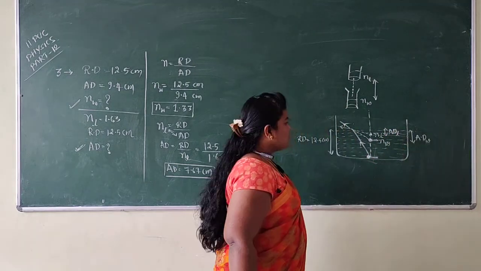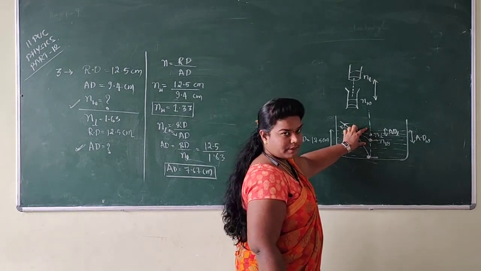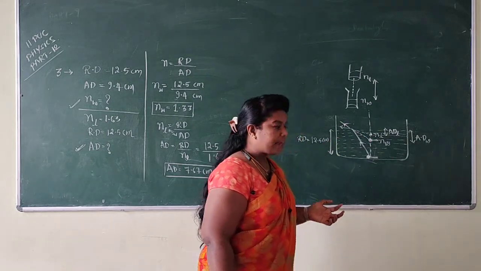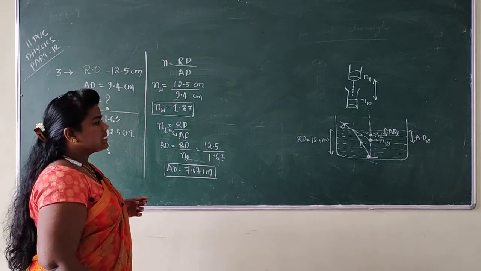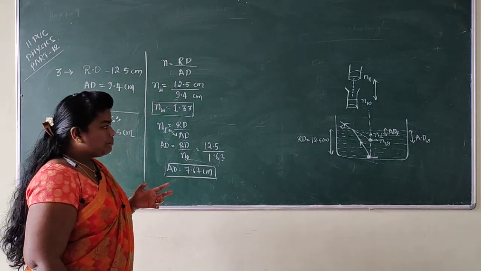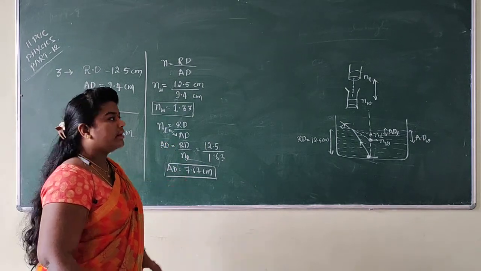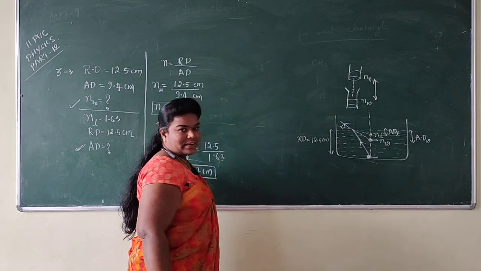See, the apparent depth for water is 9.4; they have given it already. The apparent depth for the liquid we calculated: 7.67. So the apparent depth distance has changed, which means obviously the position of the microscope also changes.